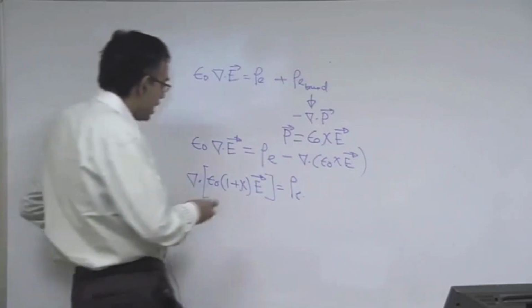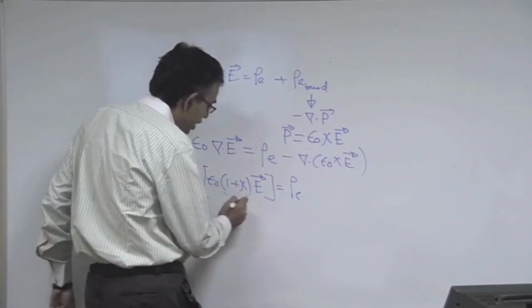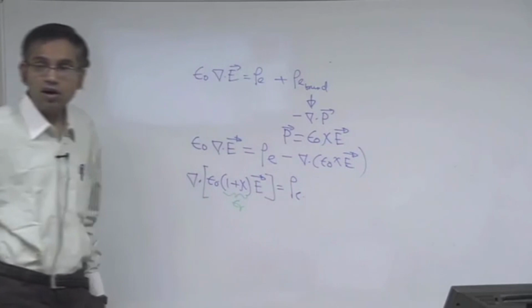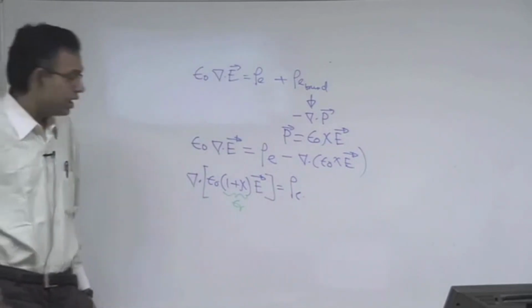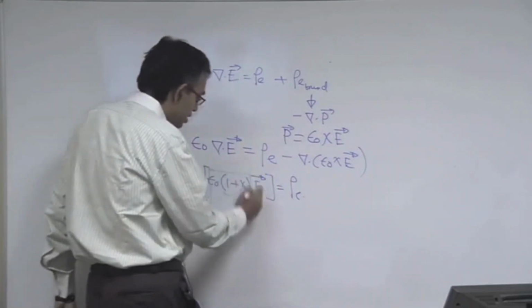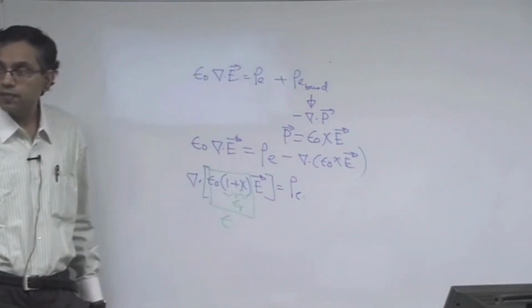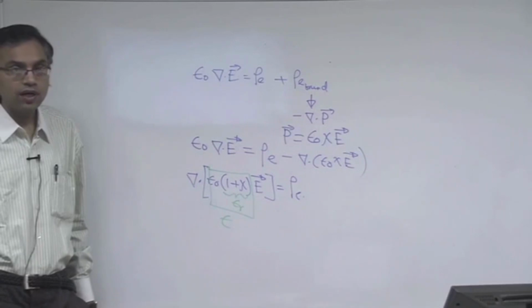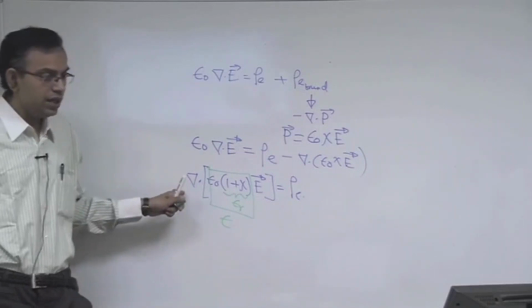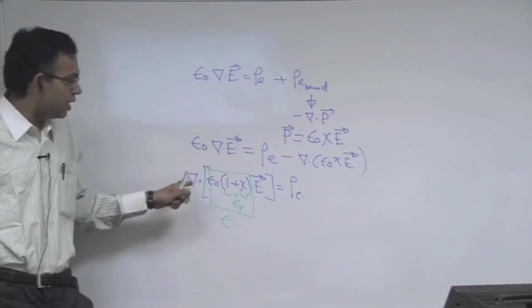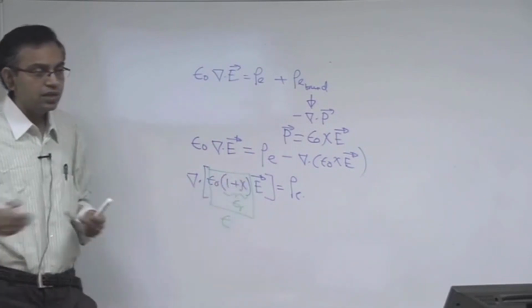This 1 plus chi is called epsilon r or the relative permittivity, and together this is called epsilon, permittivity of the medium. So, eventually you get del dot epsilon E is equal to rho E.